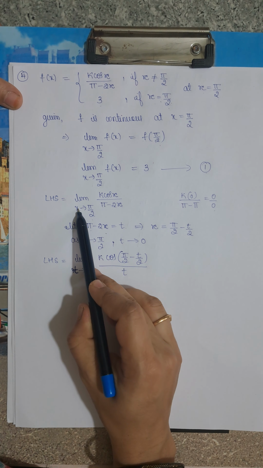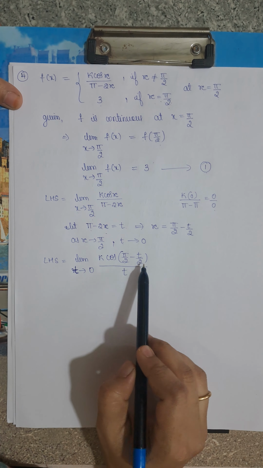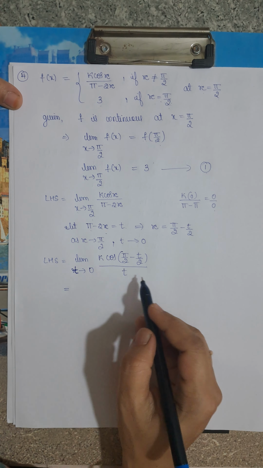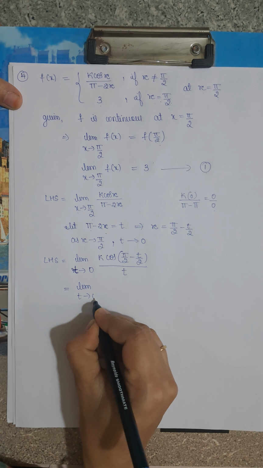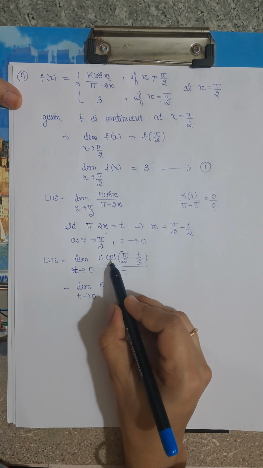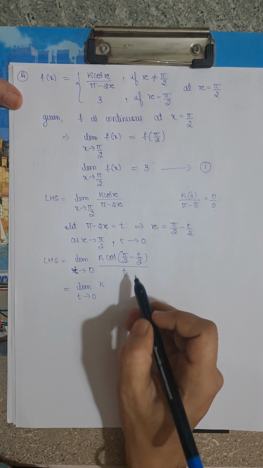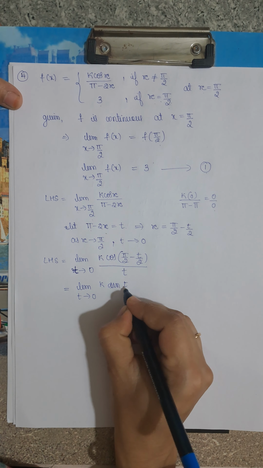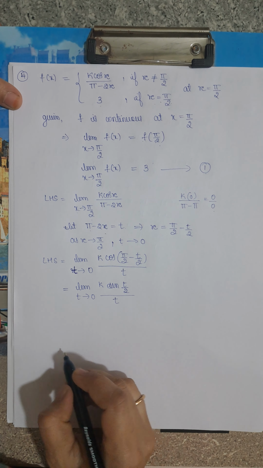So we have converted the function of x into a function of t. Now let us find the limit. So here limit as t tends to 0, k into, it is looking like cos of 90 minus theta. Cos of 90 minus theta is sin theta. So sin, in the place of theta we have t by 2. I am substituting that, all divided by t.